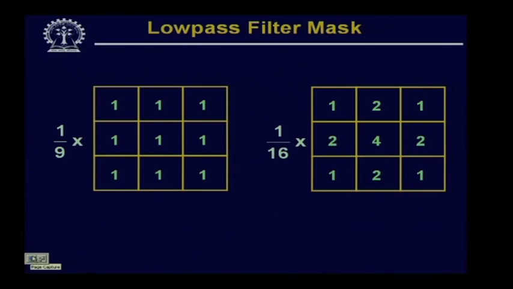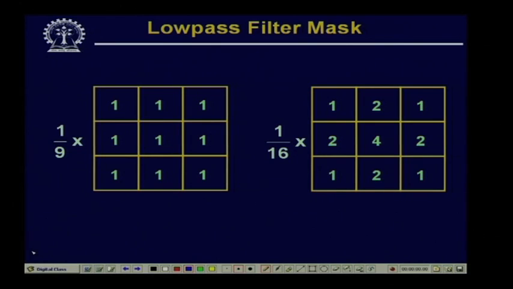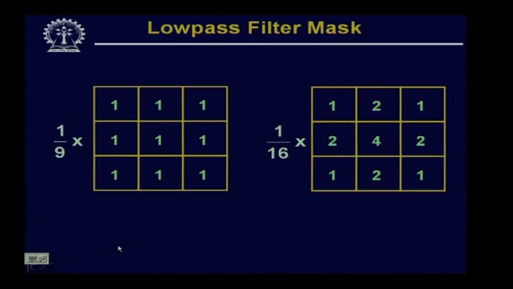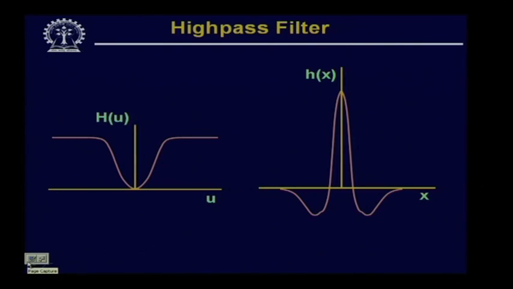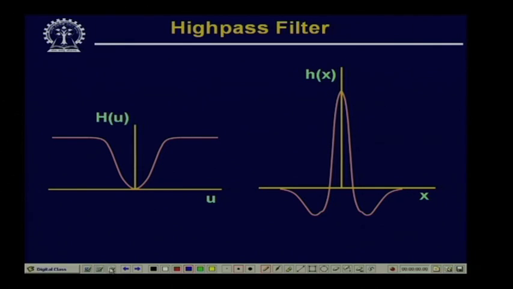Now, in the same manner as we have made the low pass filter, we can also make high pass filters in the Gaussian domain. Using the Gaussian function, a high pass filter h u can be defined as a into 1 minus e to the power minus u square by 2 sigma square.